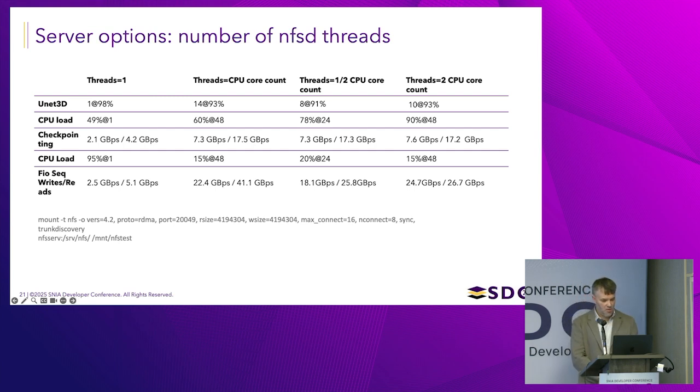So you can observe the results. Increasing the count of NFSD threads, we can see almost linear performance improvements for read operations, for the training workload and for FIO sequential reads. But when I set the count of NFSD threads to 96, which is twice the real CPU cores, I saw that the performance degraded.